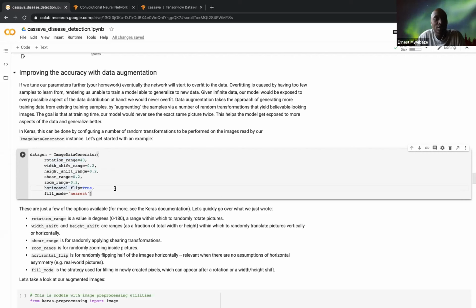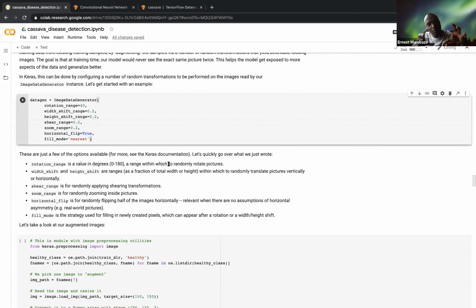The fill mode, basically, once you've done these manipulations, how do you fill parts which are empty? For example, if you zoom out or shrink it a bit. So these parameters basically control how these augmentations are done on your image.